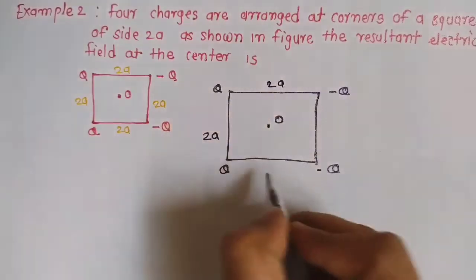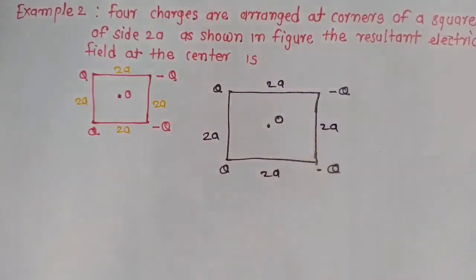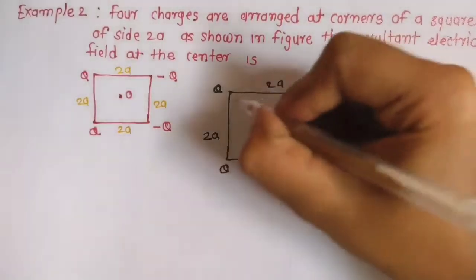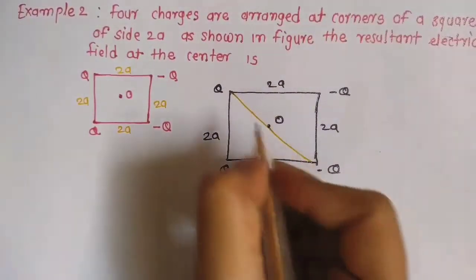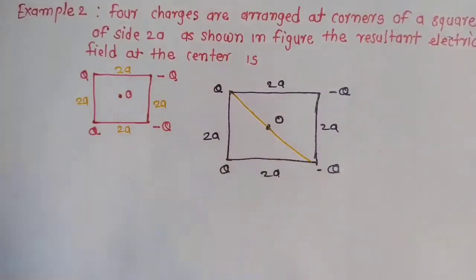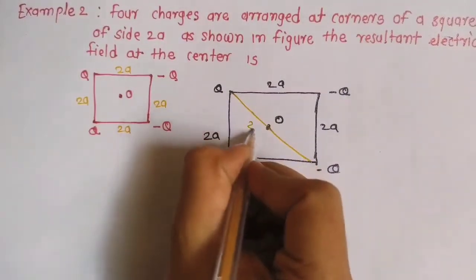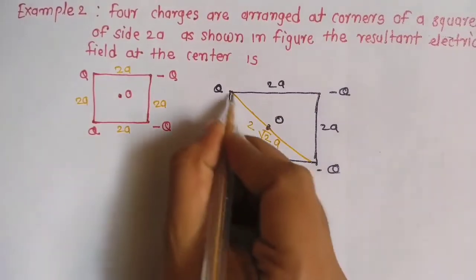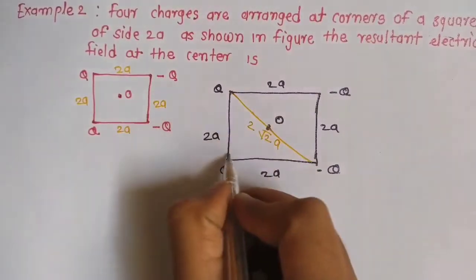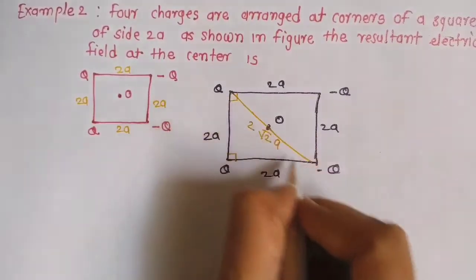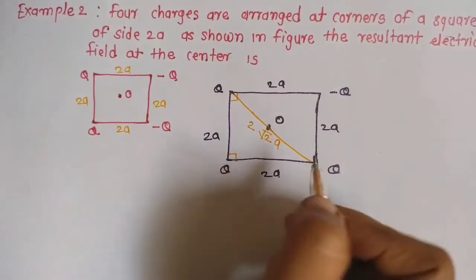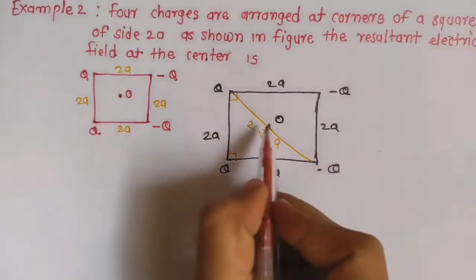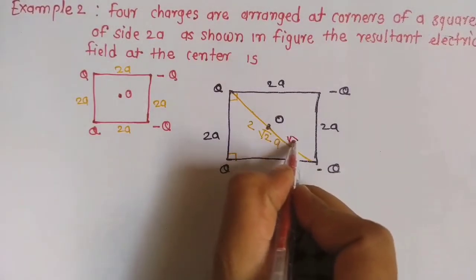The diagonal is the hypotenuse of a 90 degree triangle, so it is 2 into root 2 into a, and half of this is root 2 into a.